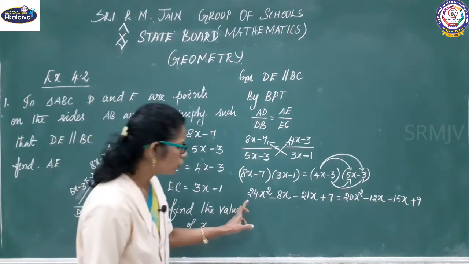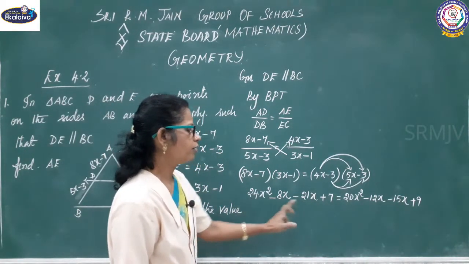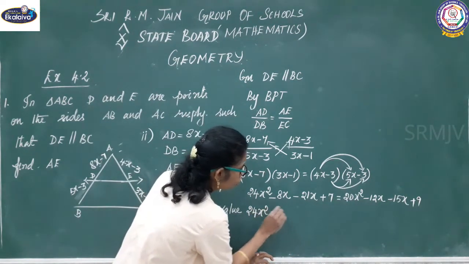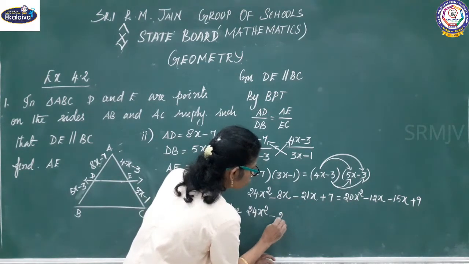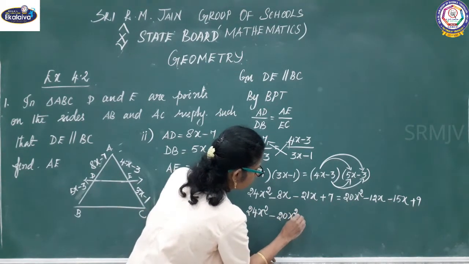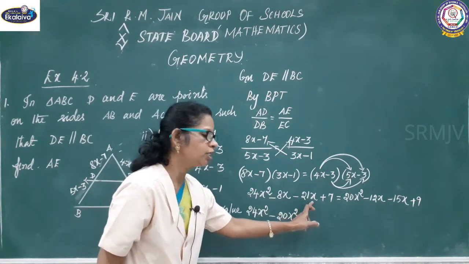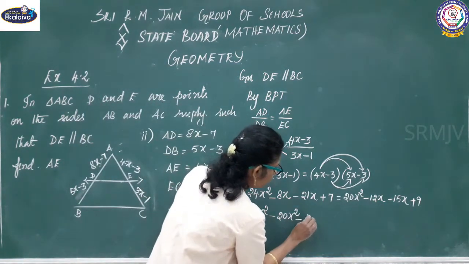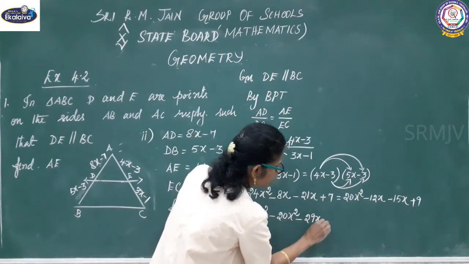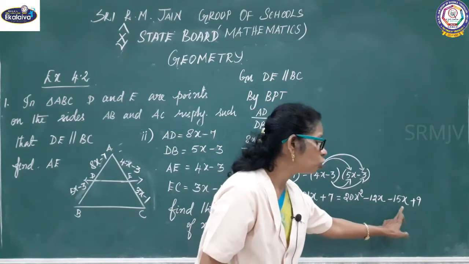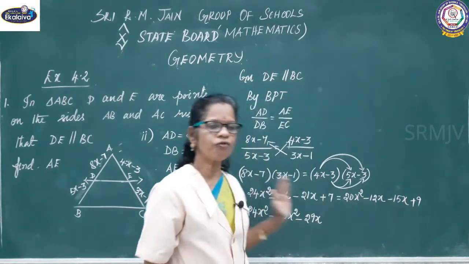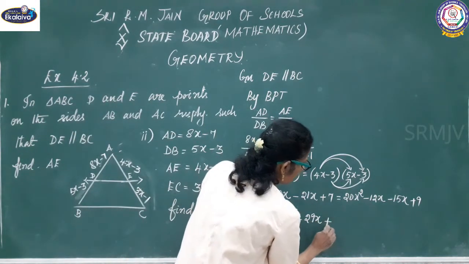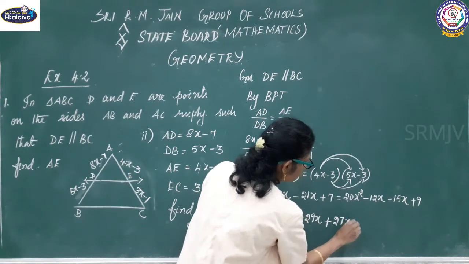Got it? Now you see 24x square, you shift this number, minus 20x square. Here you see minus 8x minus 21x, both are negative, add and put negative symbol, minus 29x. Here minus 27x, when you shift it to this side, you will get plus 27x.